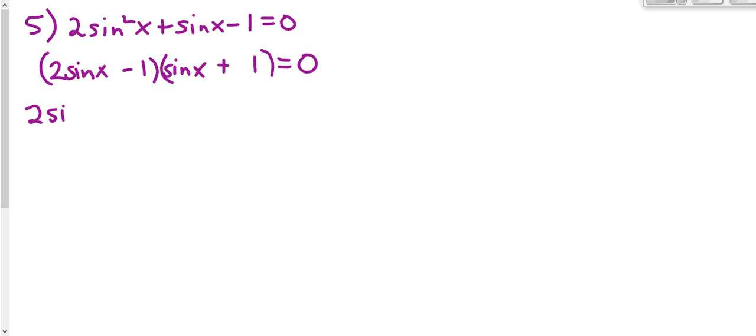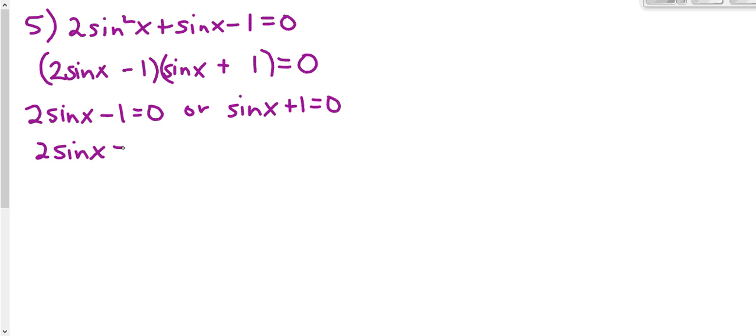So 2 sine x minus 1 equals 0, or sine x plus 1 equals 0. So for the first one, we're going to add 1 to both sides, and then divide both sides by 2, and then find the inverse sine. Sorry, wrong function. Inverse sine of 1/2. Okay, so where is sine positive?